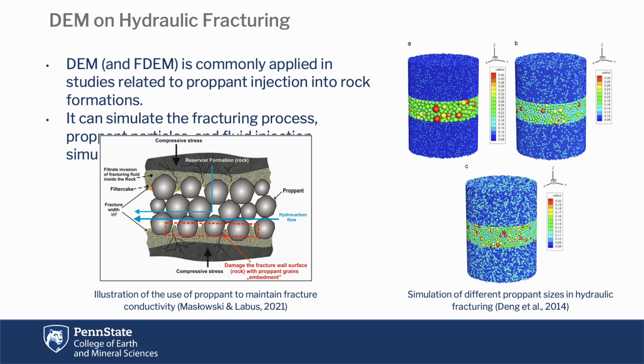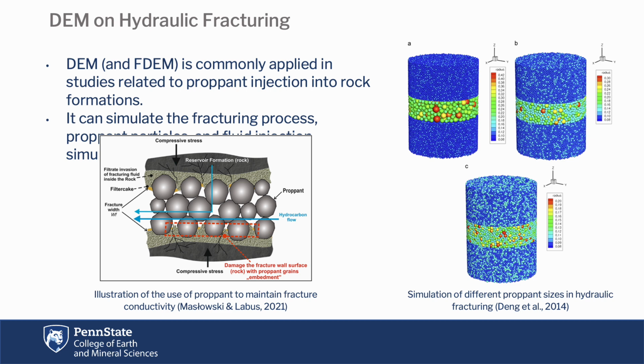DEM and FDEM are also commonly used to simulate proppant injection during hydraulic fracturing in energy-related applications. As shown in the figure on the bottom left, proppant is used to maintain the permeability of rock formations that are previously fractured by hydraulic stimulation.